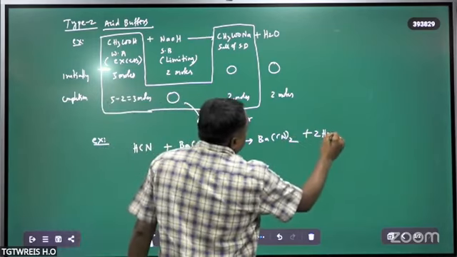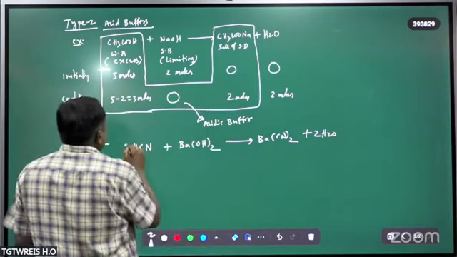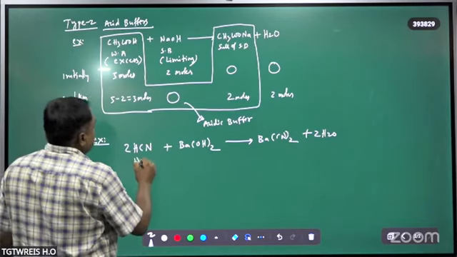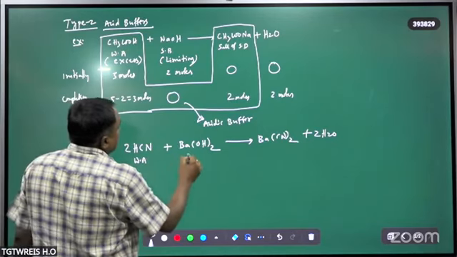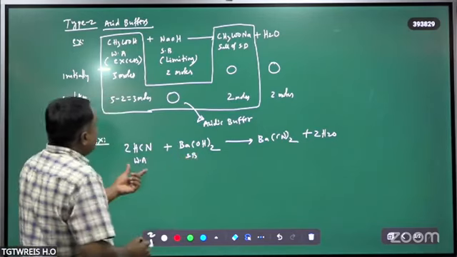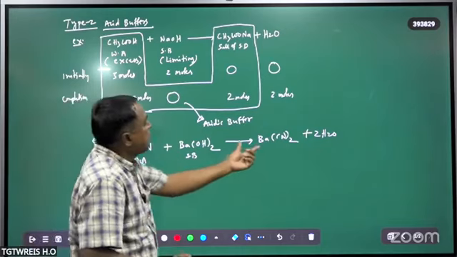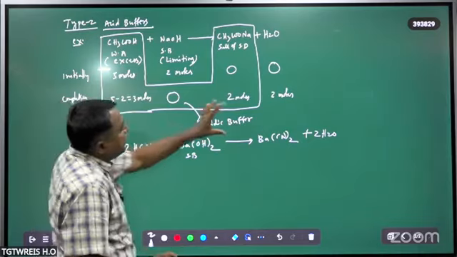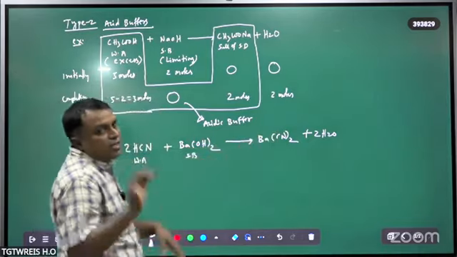So 2 moles of water. Is this the weak acid or not? This is the weak acid, and this is the strong base. Now you will get what now? Ba(CN)2. So the combination of HCN and Ba(CN)2 is acting as an acidic buffer.